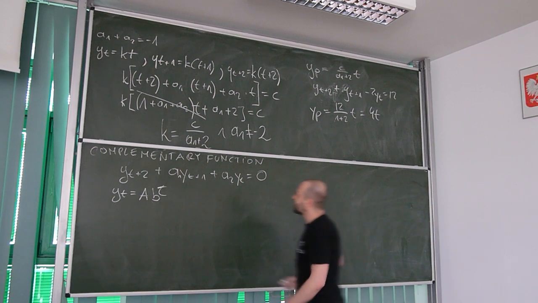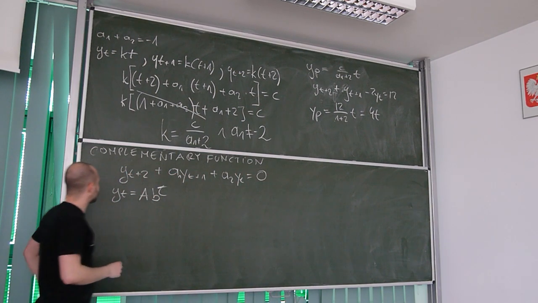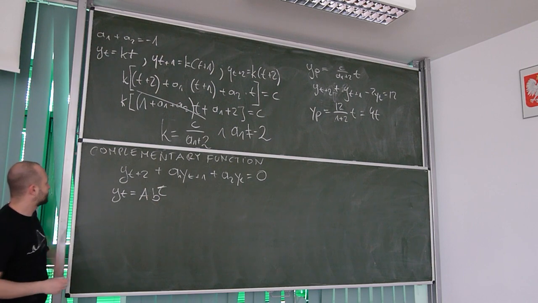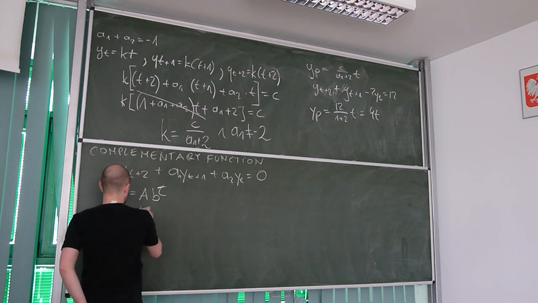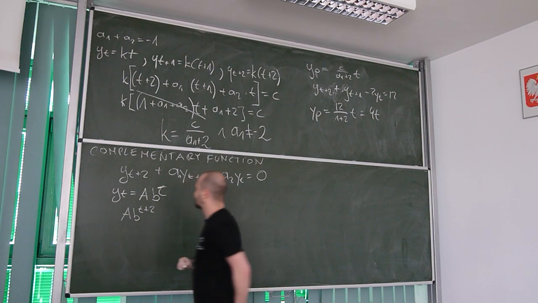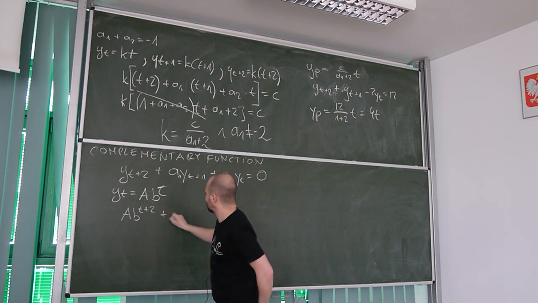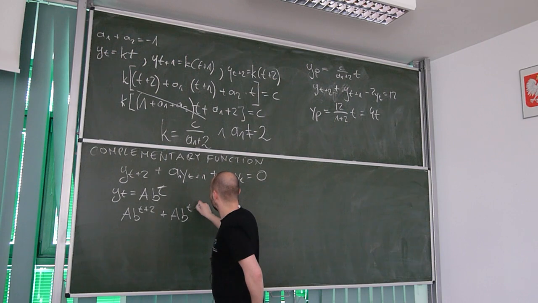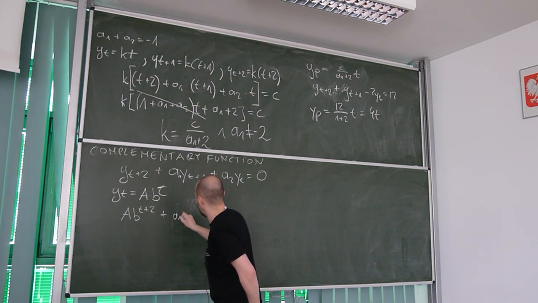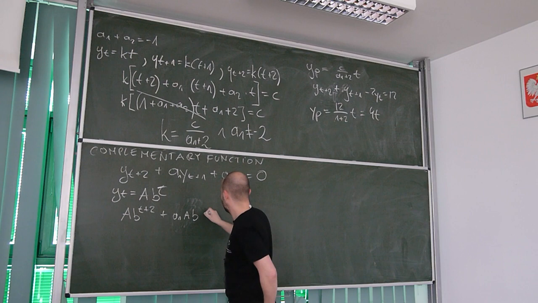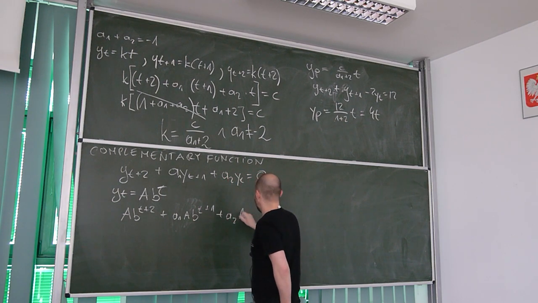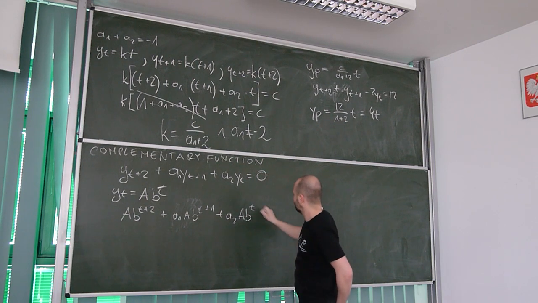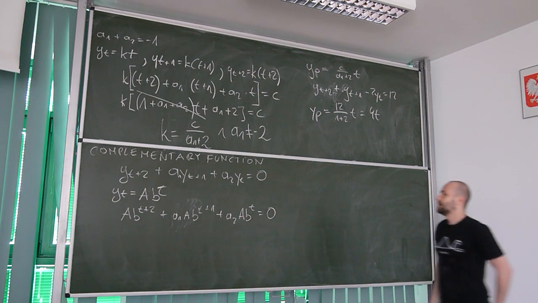Okay, so let's substitute the trial solution over here. We get a b to the t plus 2, plus a1 a b to the t plus 1, plus a2 a b to the t, equals 0.